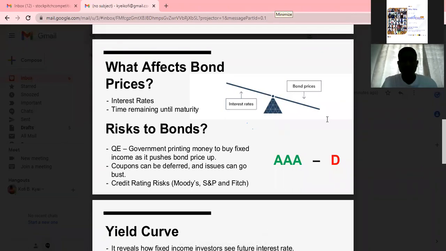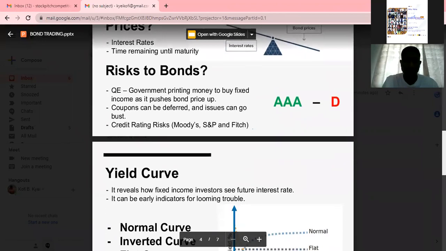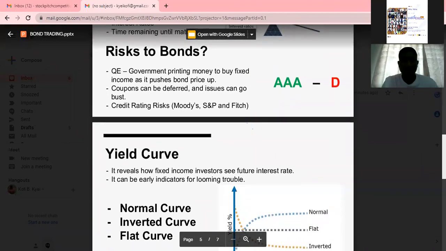So we've been talking about bonds. It seems like bonds look like they don't really have a lot of risks, but there are still some risks associated to having bonds. Okay, one is QE, or quantitative easing by government. So, you know, governments have their way of controlling money supply in the economy and all that.